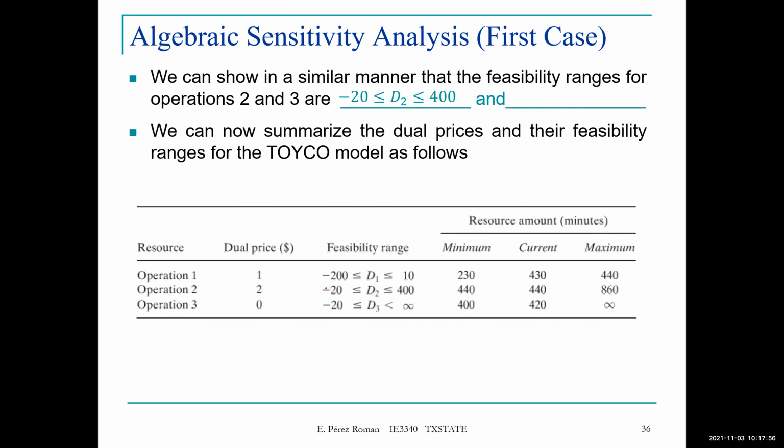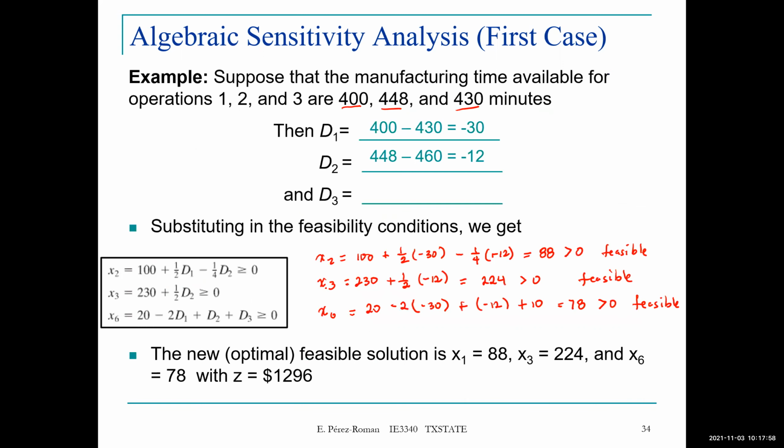If you remember this example that you were asking about, what happened here is that you decreased your first operation from 430 to 400 units. That's going to decrease your profit by $1 per minute. So you went from 430 to 400, a decrease of minus 30 units.